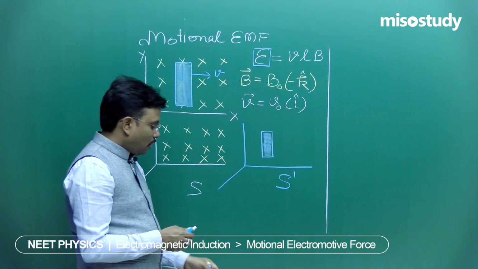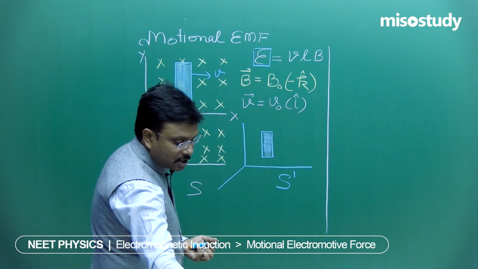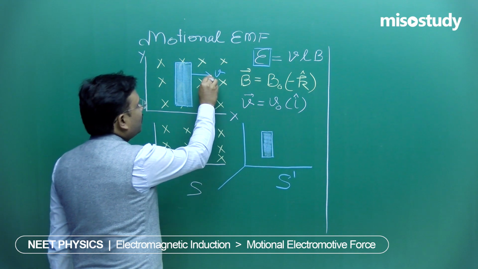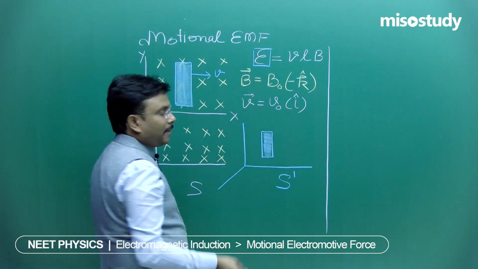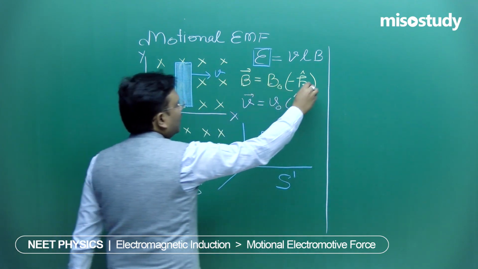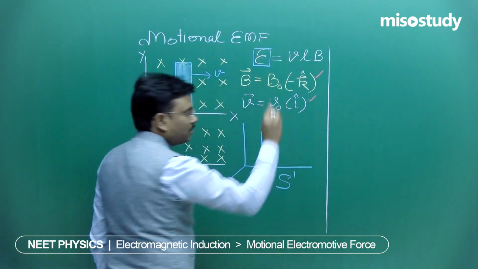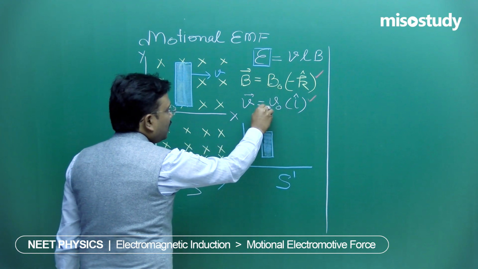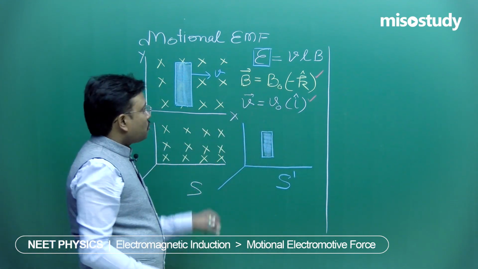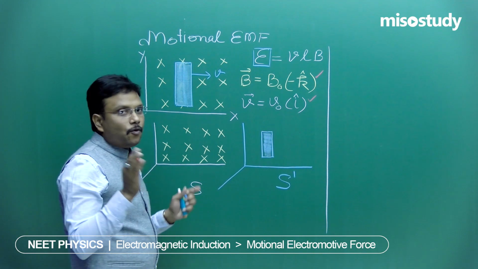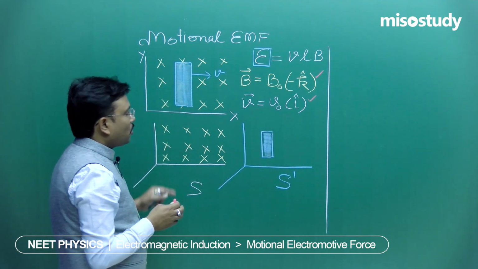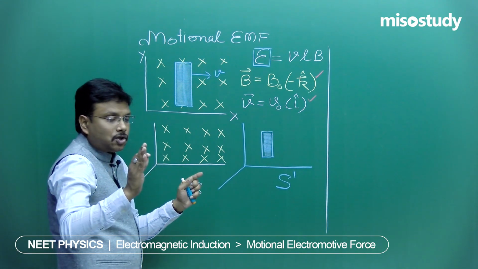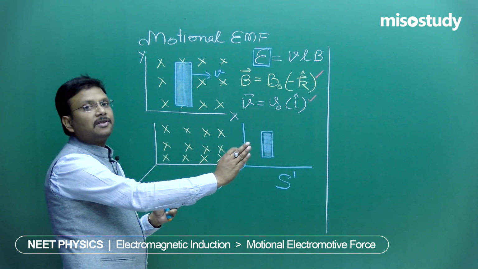So, for all of those students, the velocity v and magnetic field B are perpendicular to each other, no doubt in it, that is why I mentioned it like this. And obviously, if v and B are perpendicular to each other, then because of this motion a force will act, and this force will ultimately force the electrons to move in one specific direction.